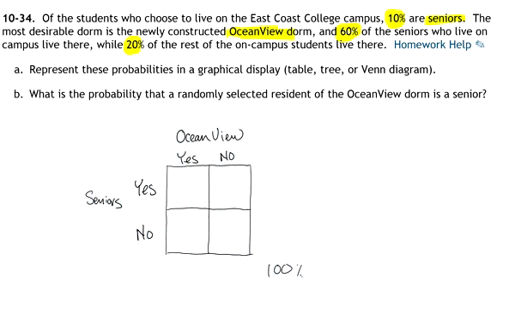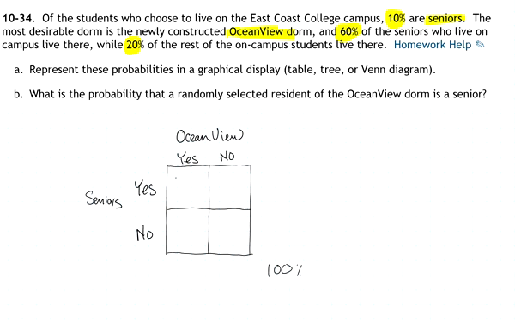As far as being a senior and living in Ocean View, it's not 60%, because that's not 60% of the campus, it's 60% of the 10%.